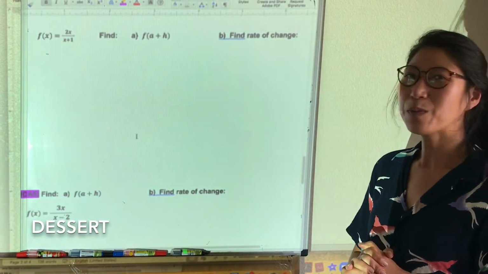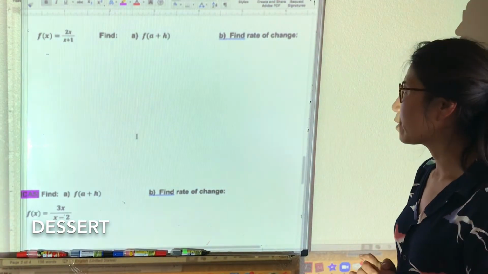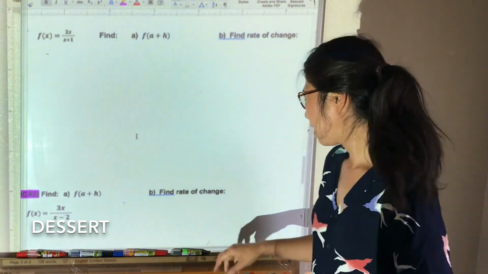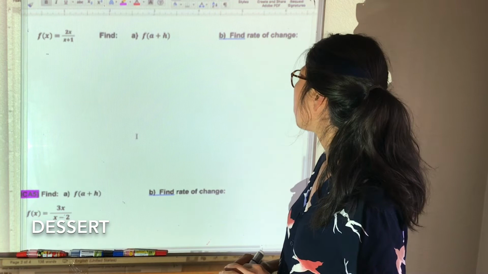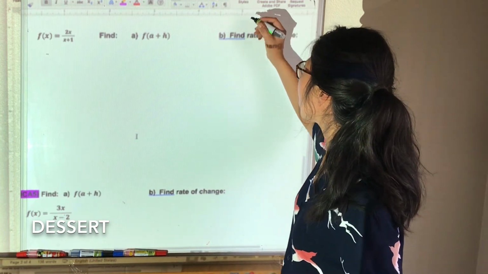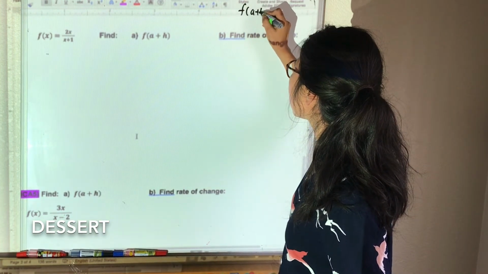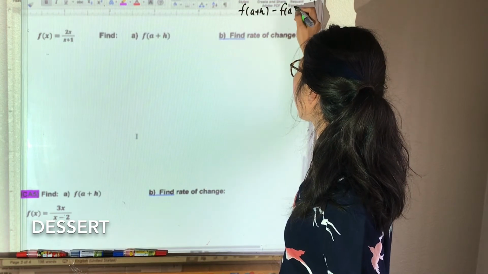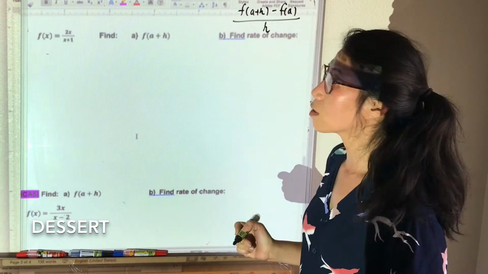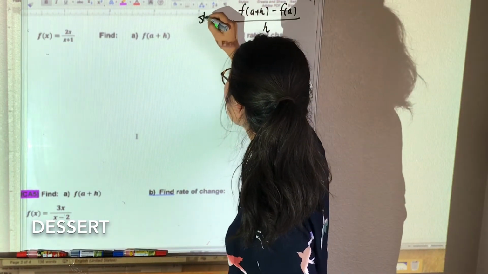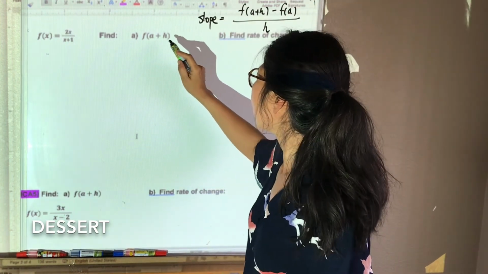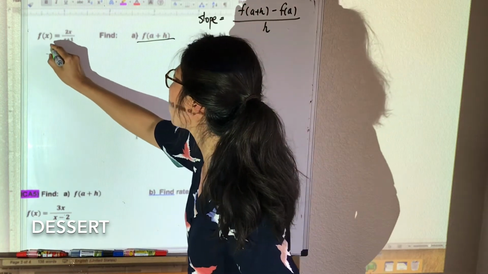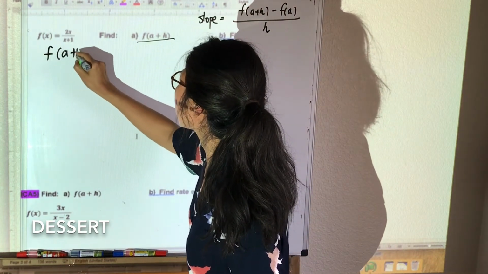So class, let's do one more of the dessert part of the last question of the day. We want to find the rate of change, and rate of change is f of a plus h minus f of a over h. That is the slope formula, basically. So before finding the rate of change, we need to compute what is f of a plus h.